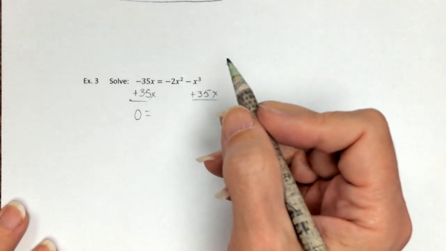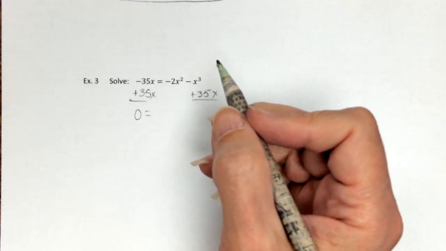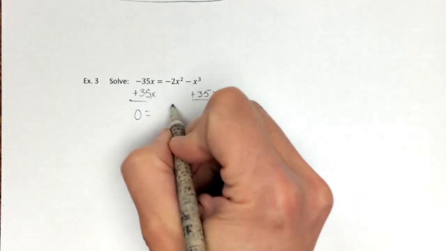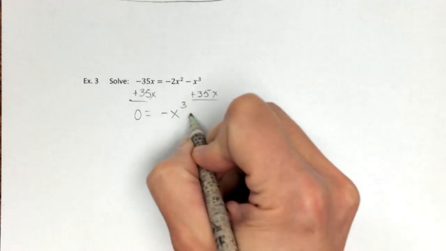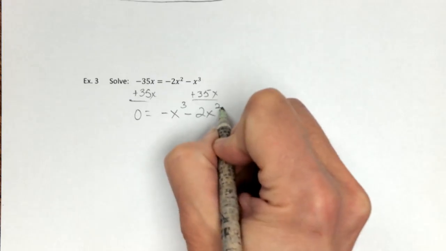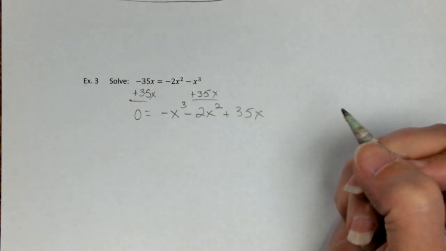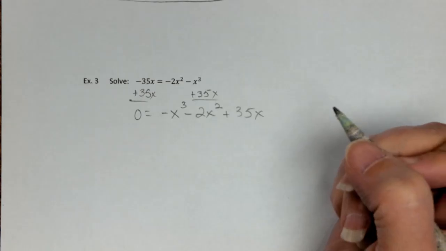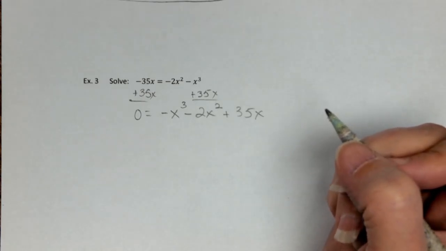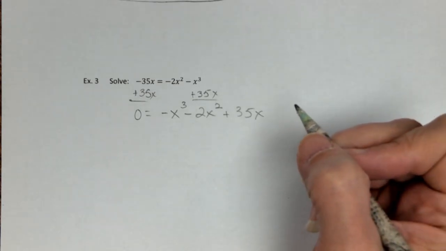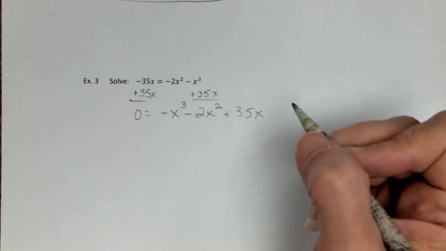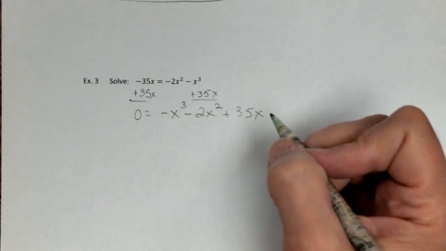And on this side, I'm going to write these in descending order of the exponents. So I have negative x cubed minus 2x squared plus 35x. All right? And anytime I'm factoring, the very first thing I should always look for is the greatest common factor. And there is one. They all have an x.